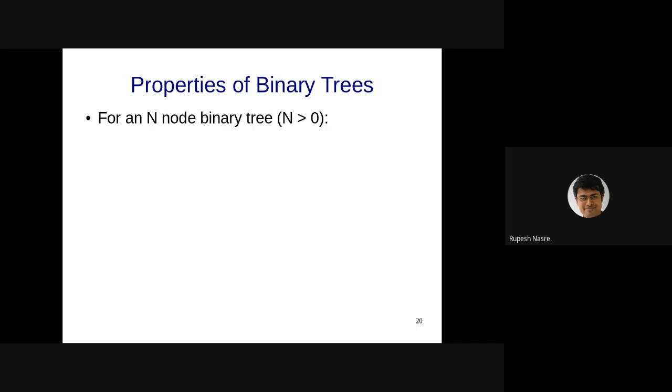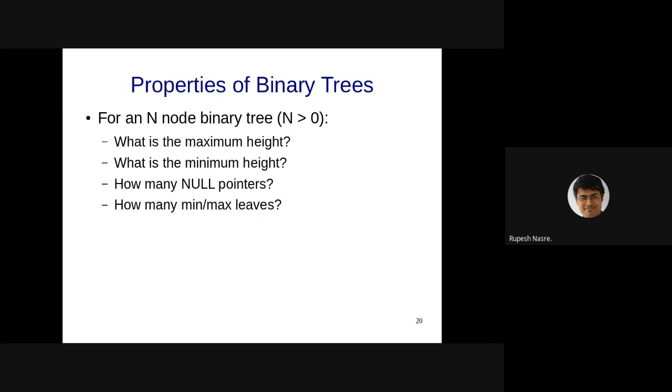So for an n node binary tree, these are the properties which we are listing, where n is non-zero. What can be the maximum height of an n node binary tree? And what is the minimum? So for all of these questions, please think about it, note it down in your copies or online. And if you want to share, feel free to put it in the chat box, right? So I'll just discuss this.